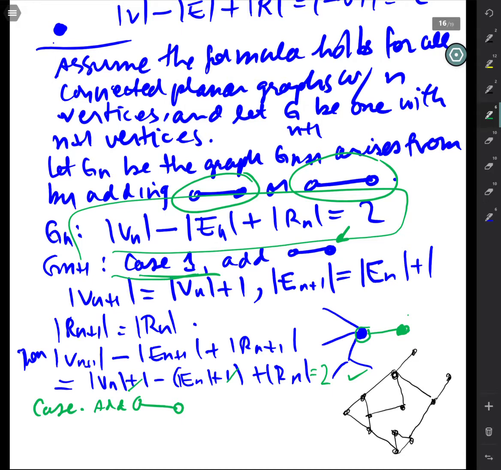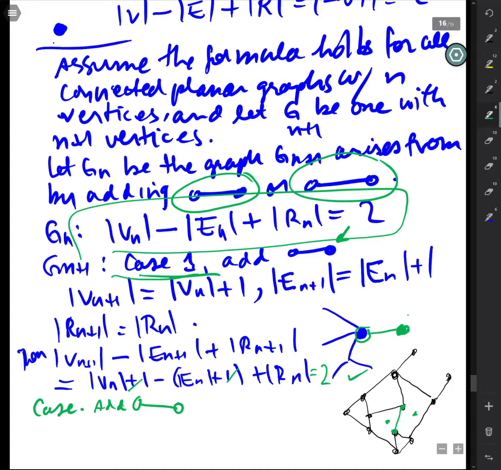So the situation that might happen here, for example, is in this graph over here to the right. Maybe we'll take these 2 vertices here and add an edge. We want to maintain planarity, and so if we do that, notice we've split one region into 2.